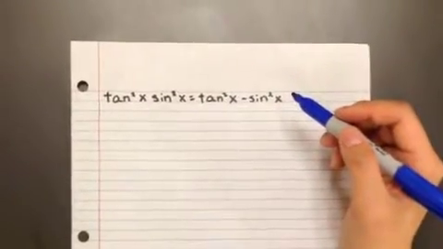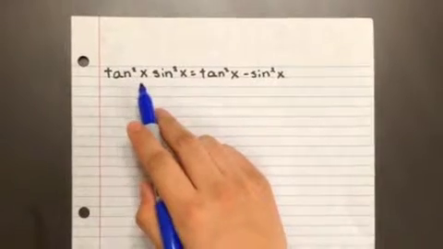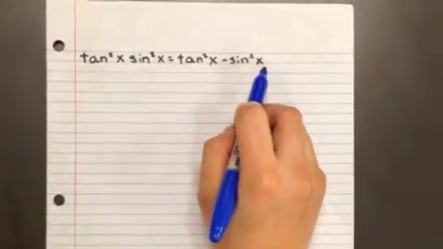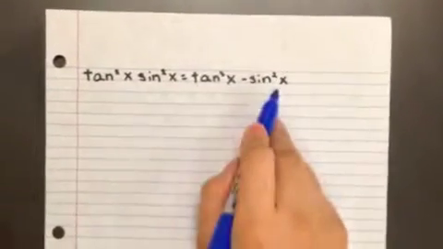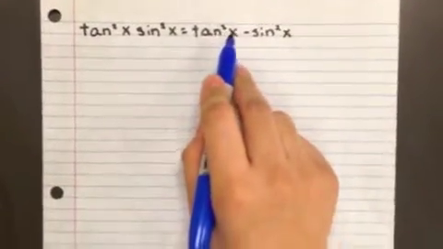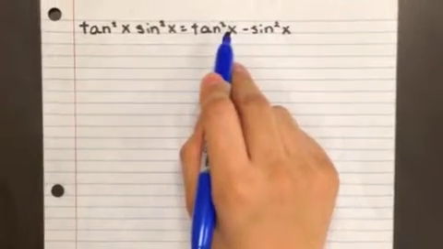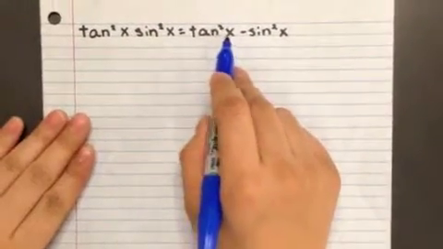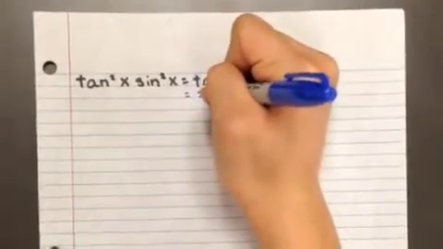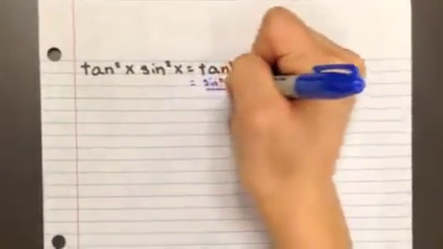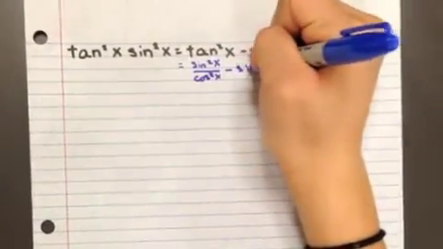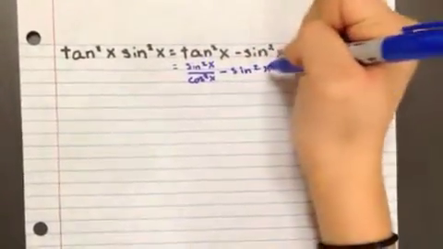So for this third and final trig identity, we have tan squared x times sine squared x equals tan squared x minus sine squared x. And I'm going to start on this side. And usually you would want to change your tangents into cosine and sine. So I'm going to turn tan squared x into sine squared x over cosine squared x, still minus sine squared x.